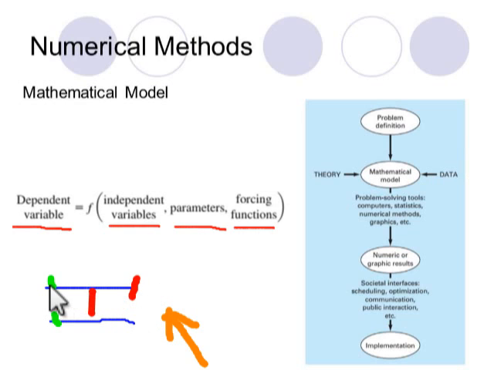It moves from the green point to the red point. This is our problem definition. Now we want to solve this problem. To find how it travels from the green point to the red point, we need a mathematical model.